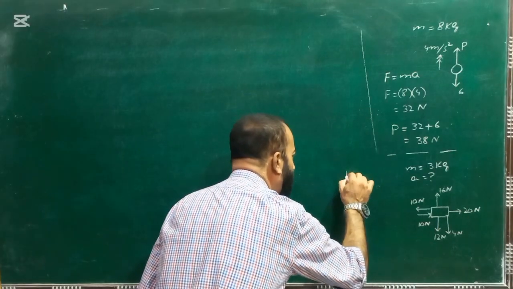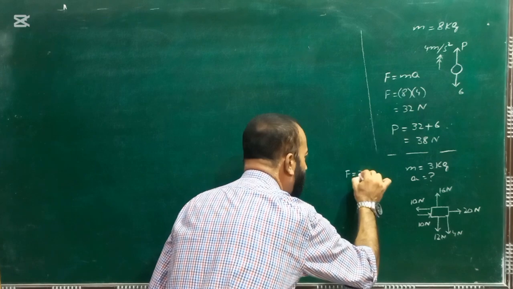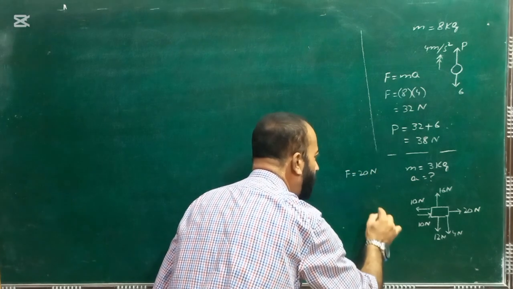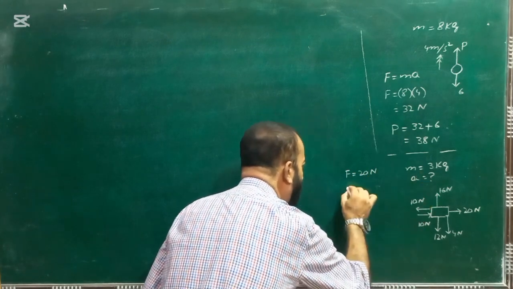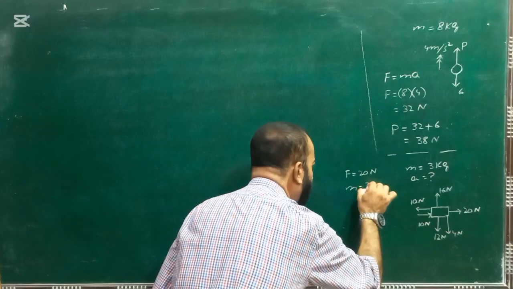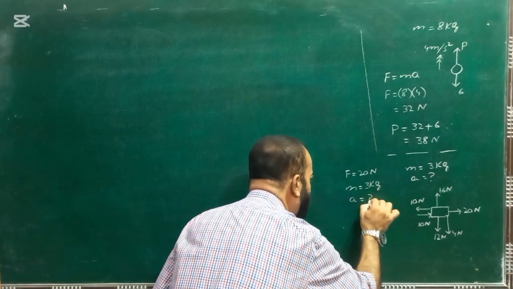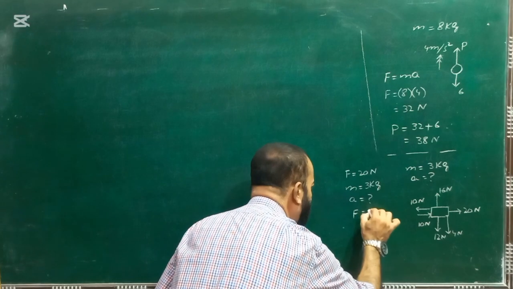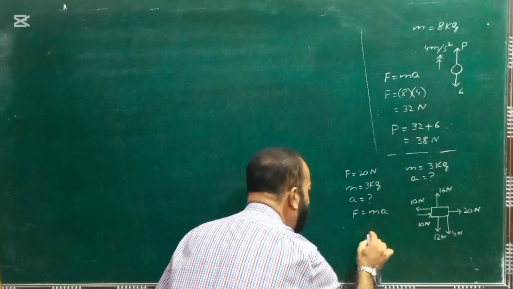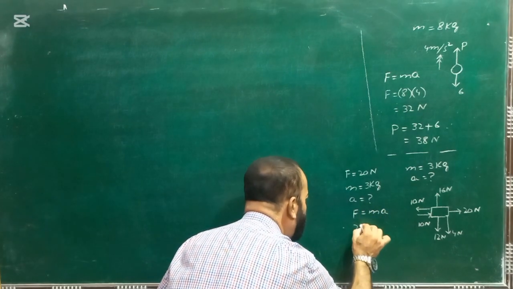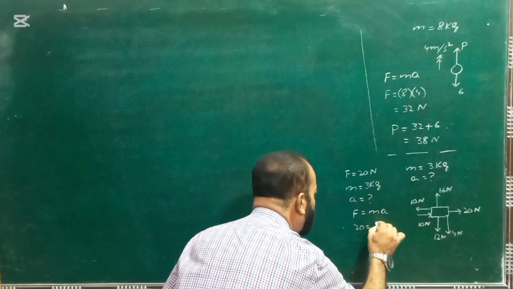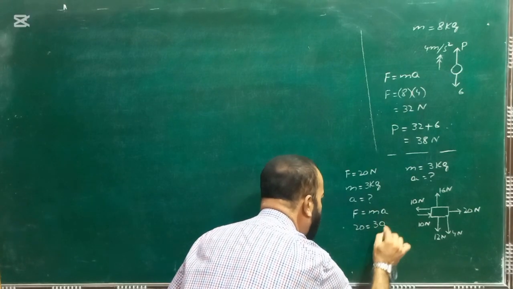So look now, here is the solution. F is equal to 20 Newton. M is 3 kg. And A is the requirement. So the formula that will be used: F is equal to MA. F is 20, M is 3, and A is the requirement.